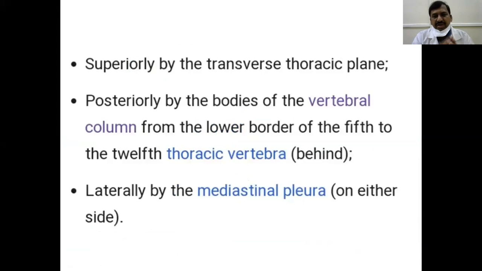And superiorly by the transverse thoracic plane. The transverse thoracic plane is the demarcation between the superior mediastinum and inferior mediastinum, that is a horizontal plane. And posteriorly by the bodies of the vertebral column, especially the lower ones, below the level of T4, the 5th to 12th thoracic vertebrae and intervertebral discs.